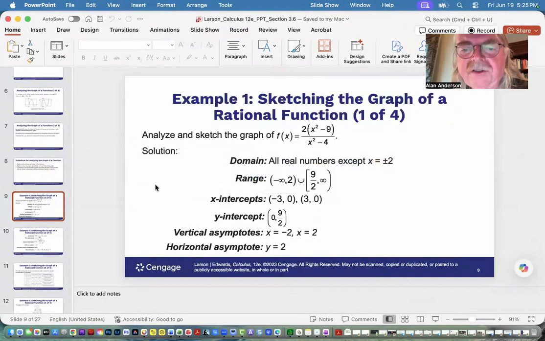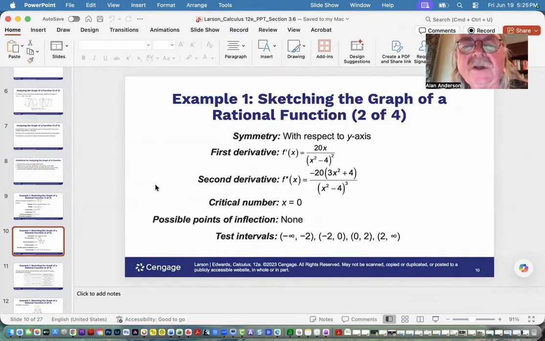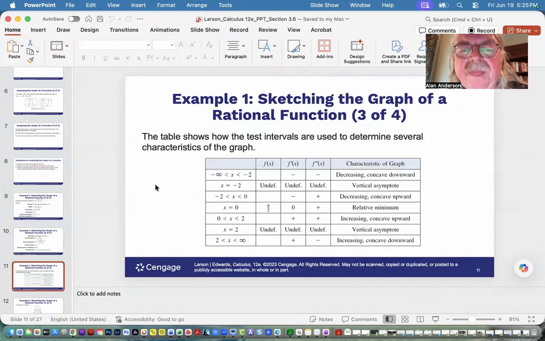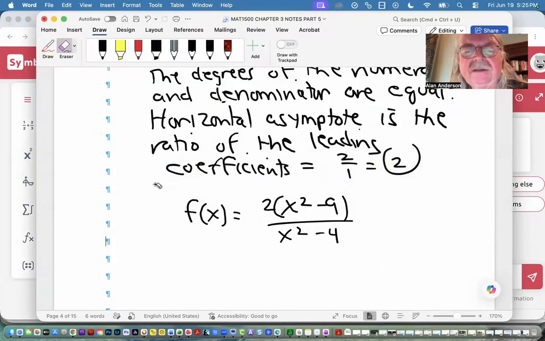They didn't ever actually tell us where they got this range from. Well, I guess maybe they did. Anyway, let's keep going here.